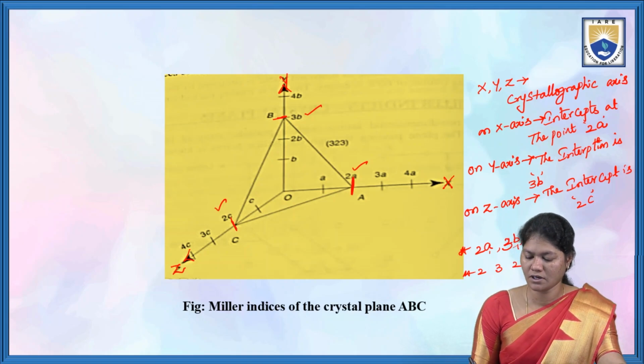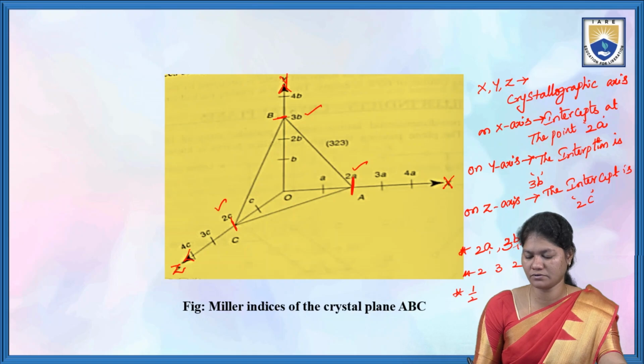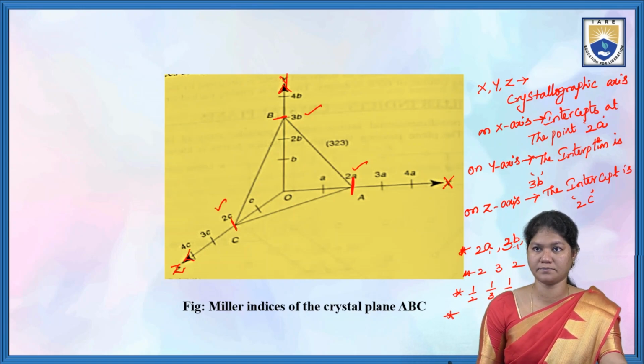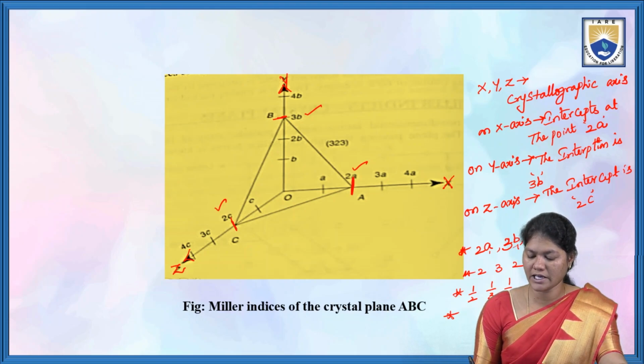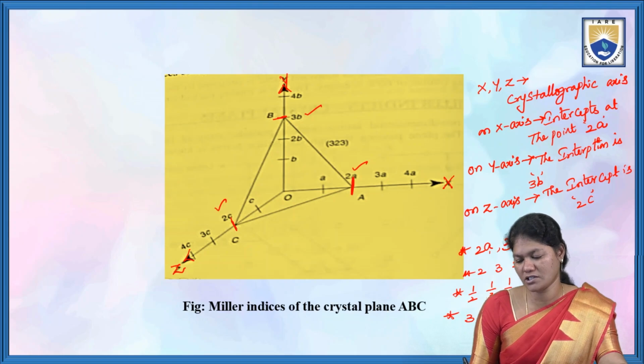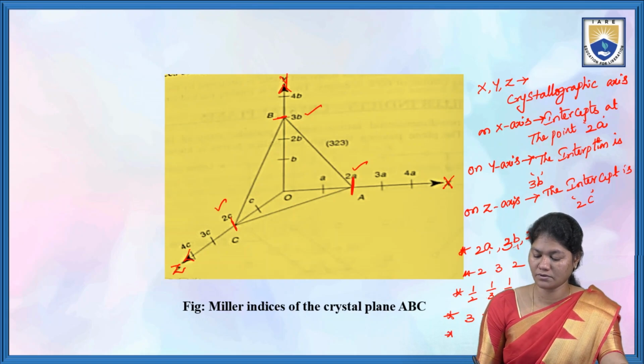Now take the reciprocals: 1 by 2, 1 by 3, 1 by 2. Now converting into integers by taking the LCM, which is 6, we get 3, 2, 3. Now we have to represent it in parentheses, (3 2 3).